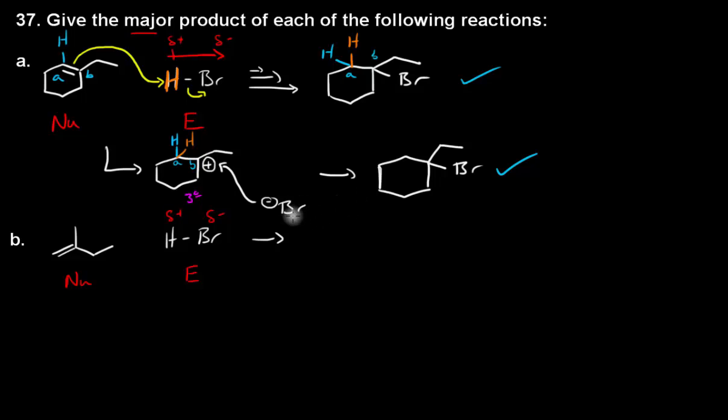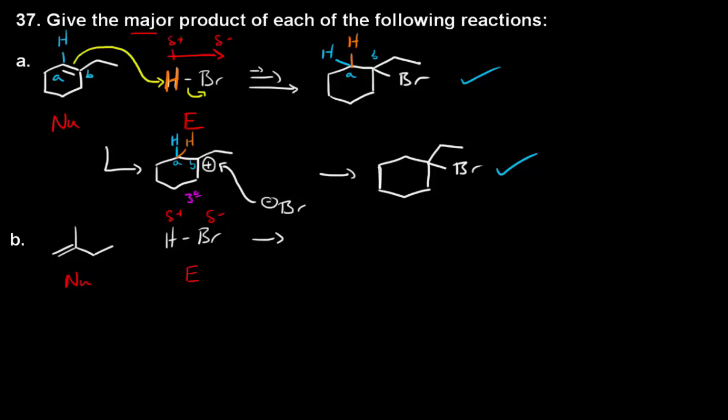It was just a little bit longer to go through because I was trying to be really explicit in why we did every little step. But ideally, going from here to here via this pathway is just as fast as doing it this way. Overall, this is still operating via a Markovnikov pathway, and nothing funky is going on really. But later on, we'll get some rearrangements which will make things more interesting.